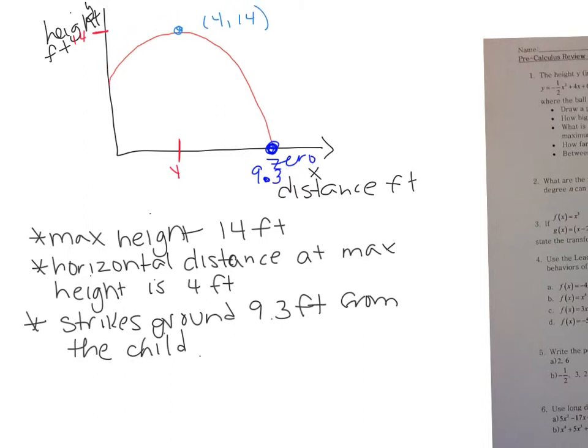So 10 feet would be about here. Right, so I want y is equal to 10. Here's 10 feet. I want at or above, so I'm looking for this point here and this point here.